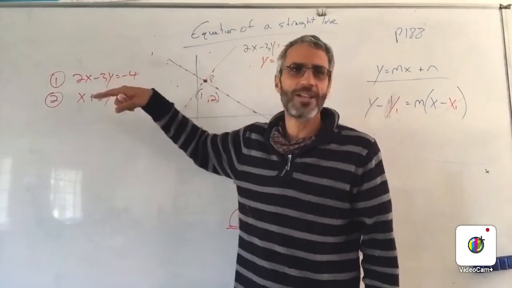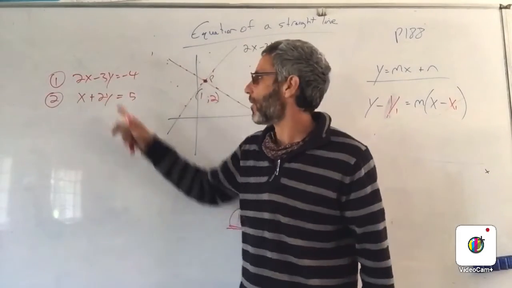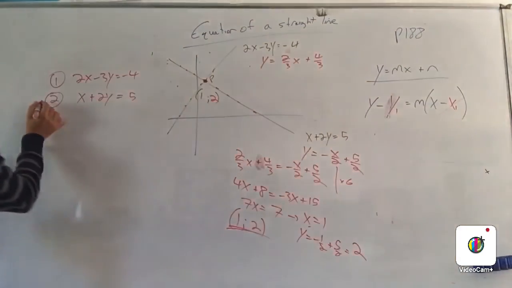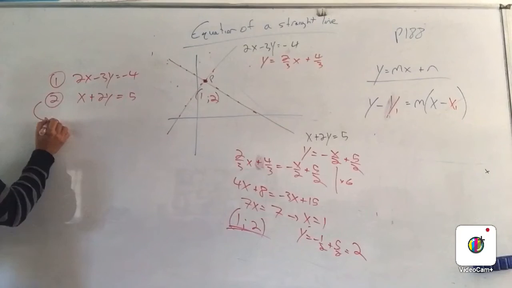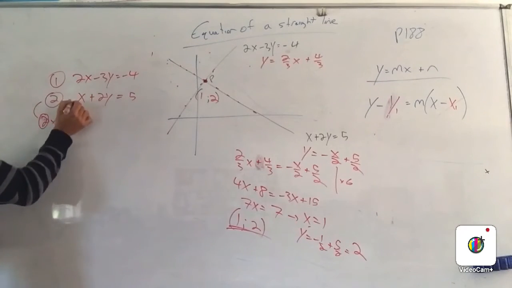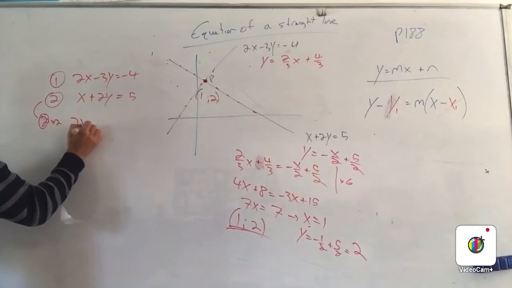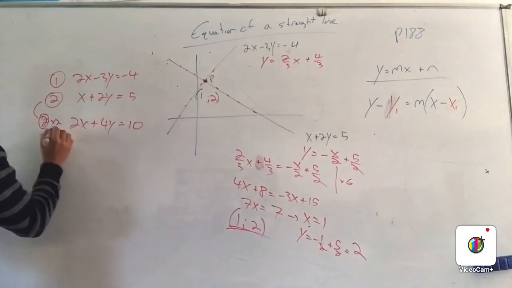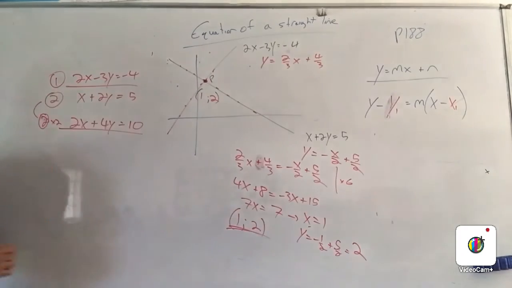Remember, the game we're playing is trying to eliminate one of the variables. I can eliminate x by multiplying equation 2 by 2. So everything will be multiplied by 2, so it will be 2x plus 4y equal 10. Now, these are the two equations that I'm working with.